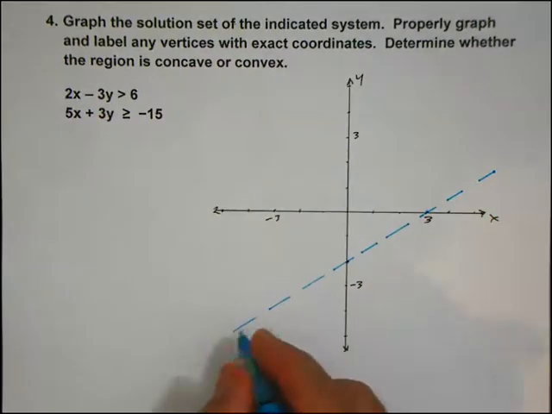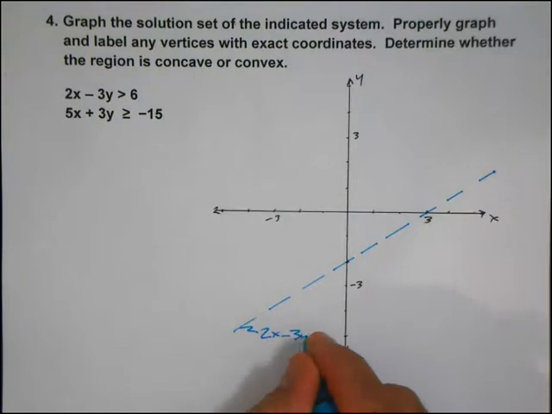We can label it with its equation. This is 2x minus 3y equaling 6.